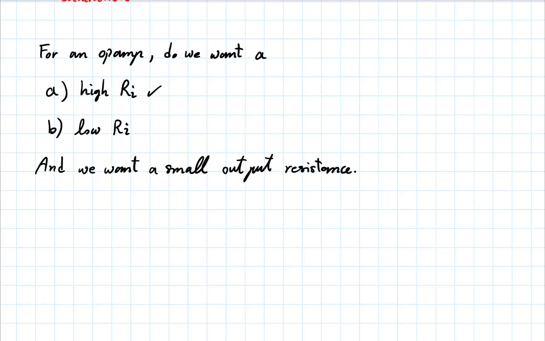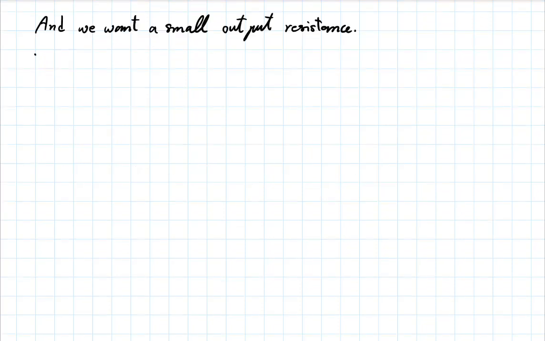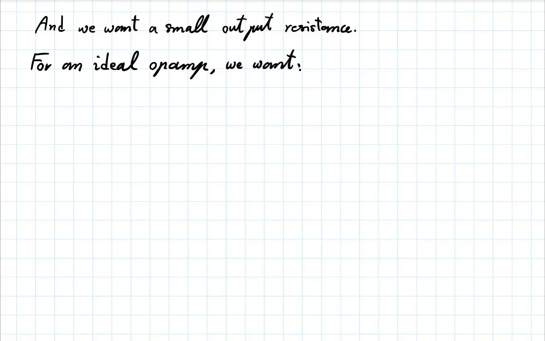For what we would call an ideal op-amp, what are the properties that we want? What is the ideal case of a very large input resistance? Open circuit, infinitely large, right?